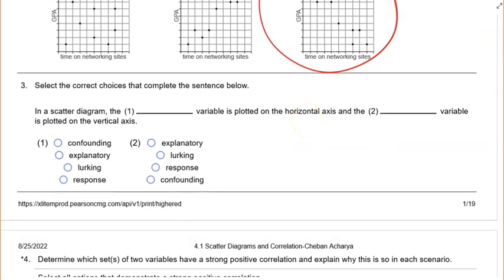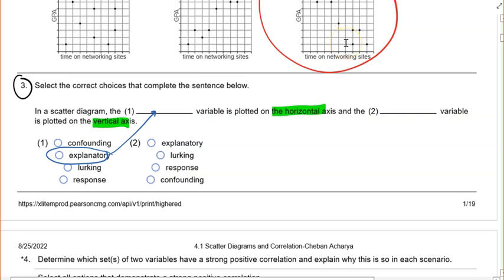Question number 3. Select the correct choice that completes the sentence below. In a scatter diagram, the variable is plotted on the horizontal axis and the other variable is plotted on the vertical axis. Therefore, the explanatory variable is plotted on the horizontal axis and the response variable is plotted on the vertical axis.